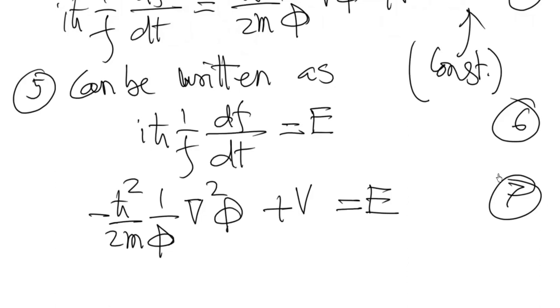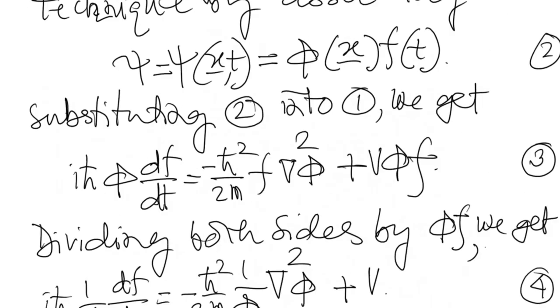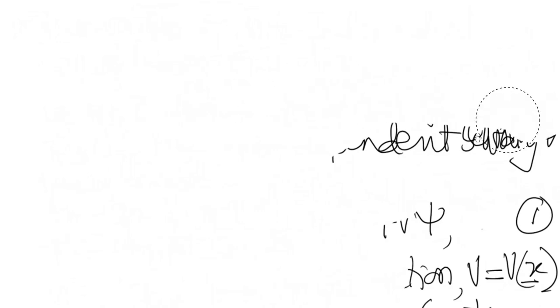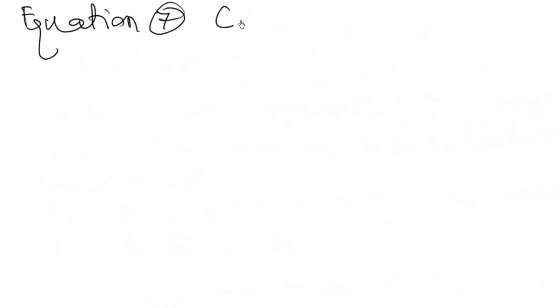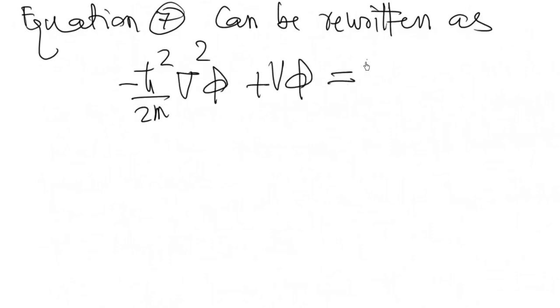Now from equation 7, if we multiply both sides by phi, equation 7 can be rewritten as, okay.